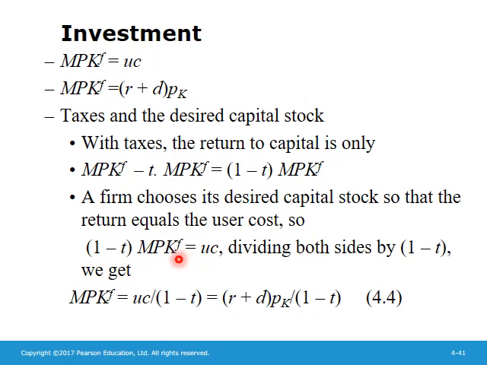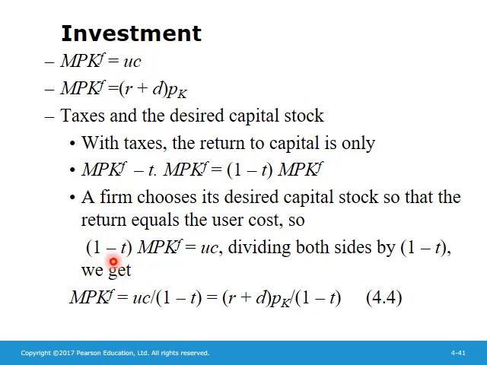If we divide both sides by 1 minus t, and you understand where 1 minus t came from: MPK minus the tax rate multiplied by the MPK, we take MPK as the common factor, so it is multiplied by 1 minus t.